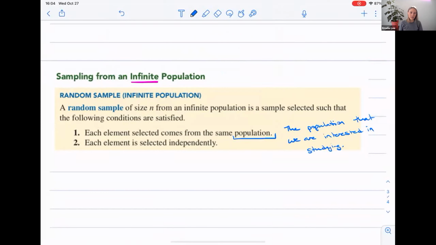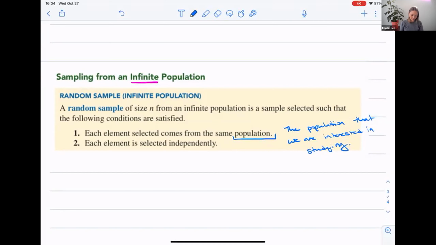That's implied, but it doesn't hurt to say it. So everyone has to come from the same population, otherwise it's not going to work.